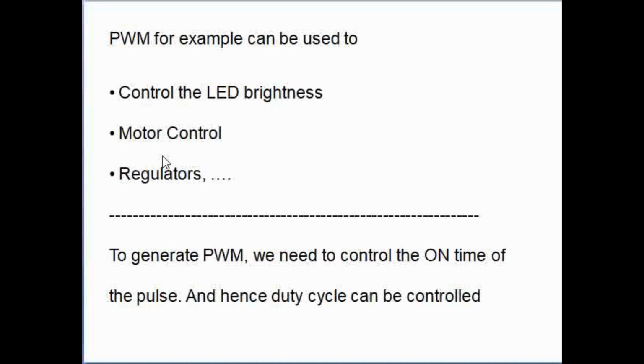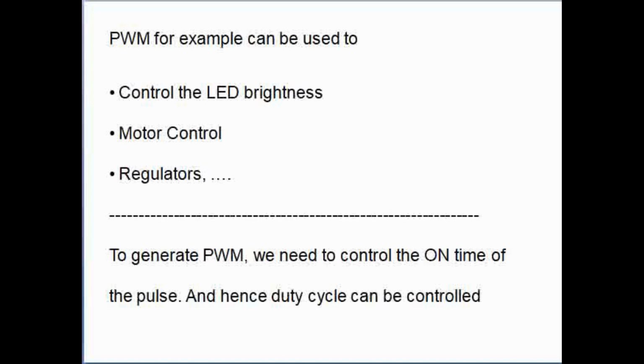PWM, as we mentioned, is pulse width modulation. So what we are going to do is change the width of the pulse so that we generate the required output. To generate the PWM, we have to control the on time of the pulse, and thereby we use a terminology called duty cycle, which is controlled.